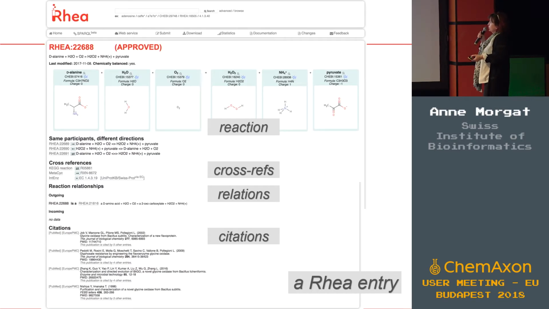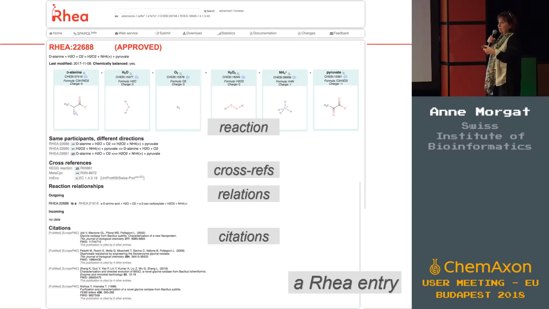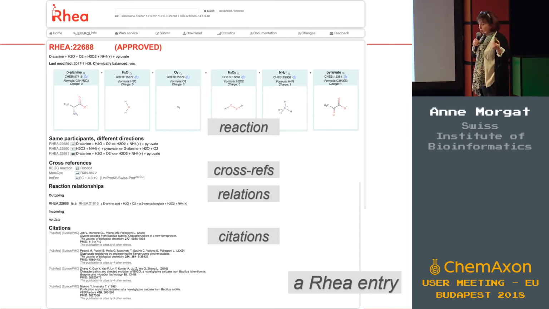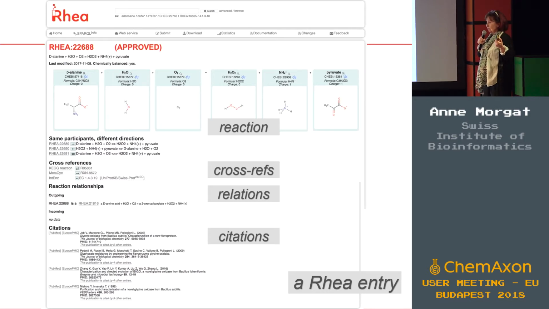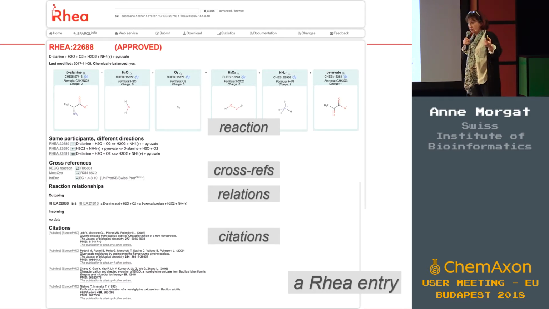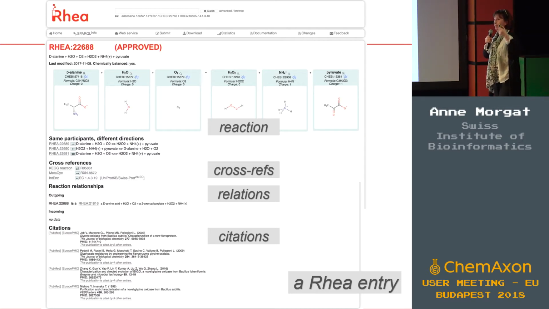This slide shows you a reaction page from the public website. It summarizes the curation performed in RIA. Additionally to the reaction, we also have cross-references to other metabolic resources. These cross-references are manually curated because, as the biochemical reactions are described in textual representation, it's a question of interpretation of this knowledge, and we do not always have exactly the same reaction in the different metabolic reaction resources.